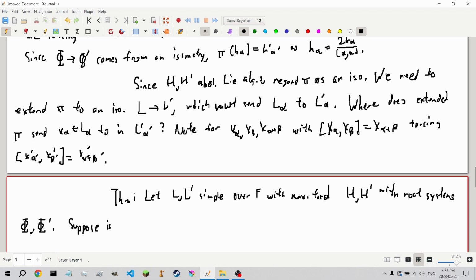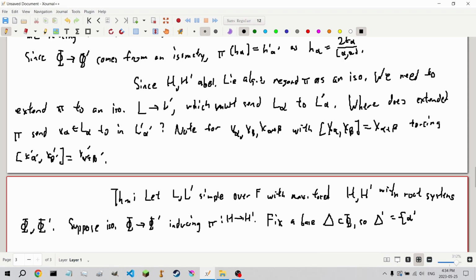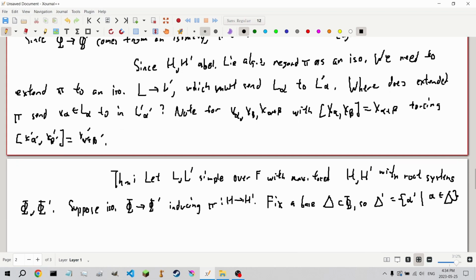Suppose an isomorphism of phi onto phi prime, alpha to alpha prime, inducing our pi, sending h to h prime. Fix a base delta in our phi so that delta prime, being our alpha prime under this original isomorphism for alpha in our base, is a base of phi prime.